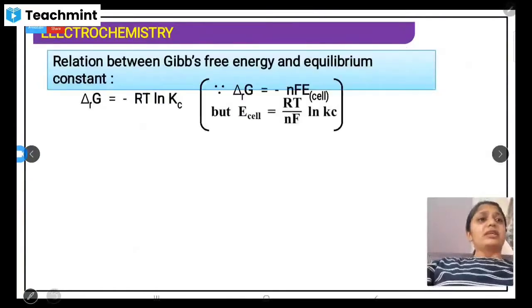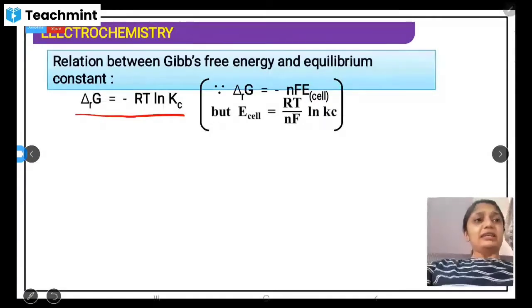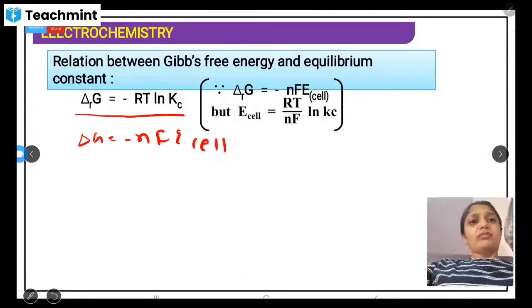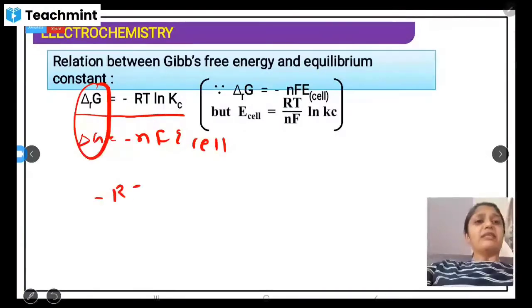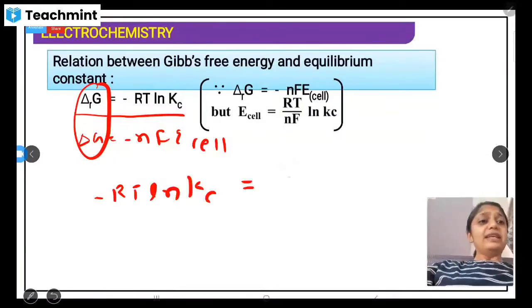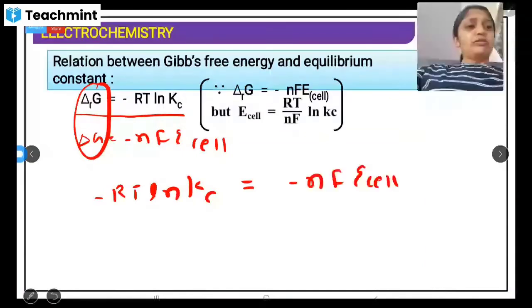So students, if we want a relation between equilibrium constant and delta G, this also we have already derived: delta G is equal to minus RT ln Kc. And delta G is equal to minus nF E cell also. So if we compare the right hand sides of both delta G formulas, then minus RT ln Kc is equal to minus nF E cell. The minus signs cancel from both sides.